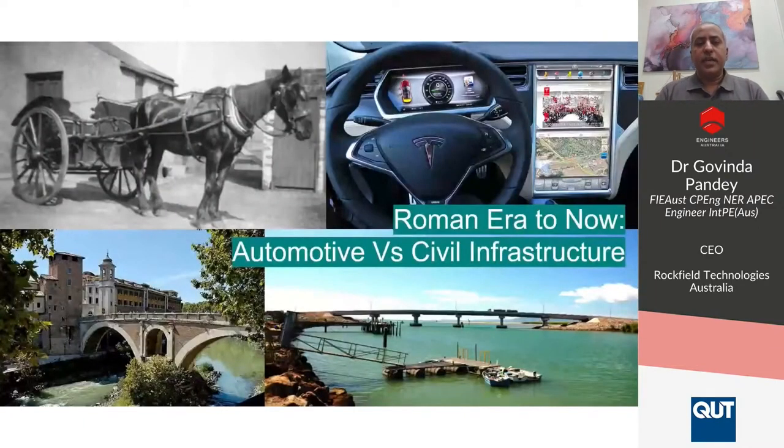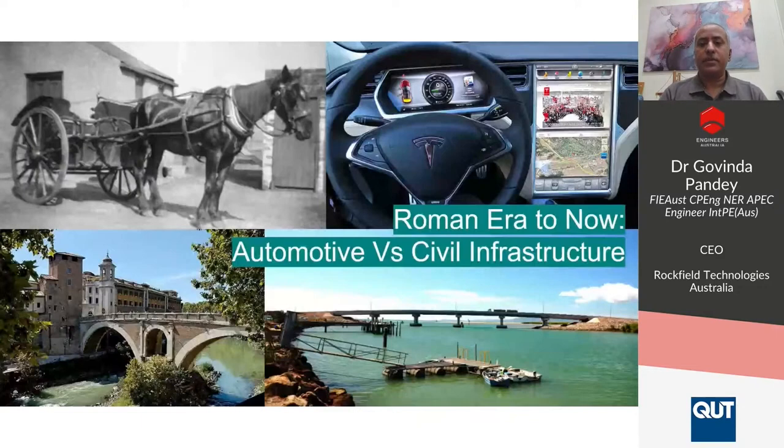The analogy that we tend to make is when you compare the Roman era and right now. Back then, we had bridges as well, but mainly they were there for horses and carts. But now, coming to 2021, if you look at the automotive industry, the cars that we drive these days can almost self-drive.